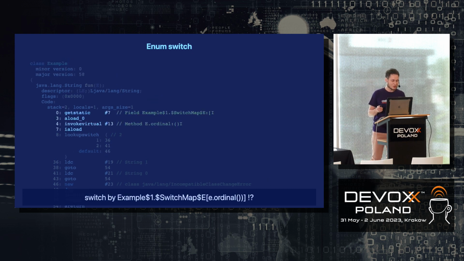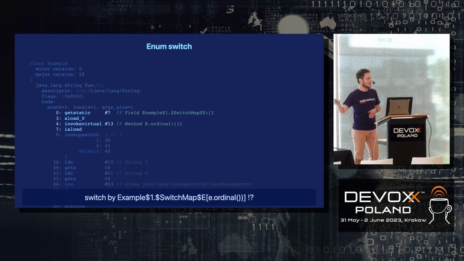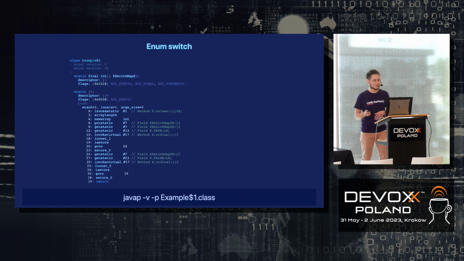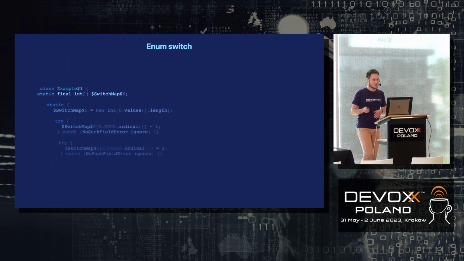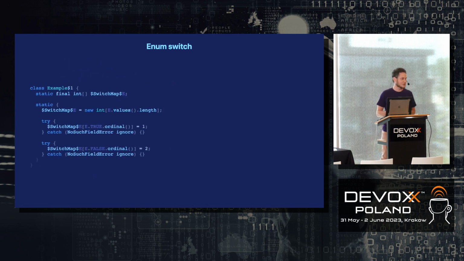What we could also notice is that this switch happens on some strange value. We never wrote in our code any field whose name is $SwitchMap$e. What's that? Let's look at this class, which got generated. This class indeed contains some fields, some static initializer.